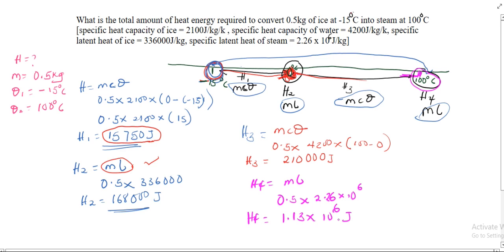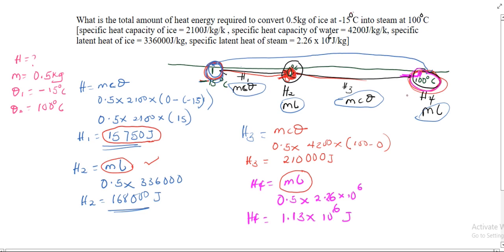joules. Now we've gotten all our values. We've used this value here to boil our liquid away into steam, so we've now arrived at steam at 100. That is where we were asked to stop.